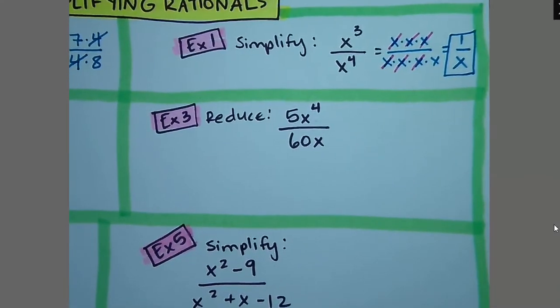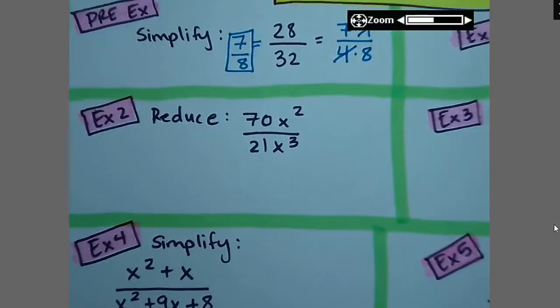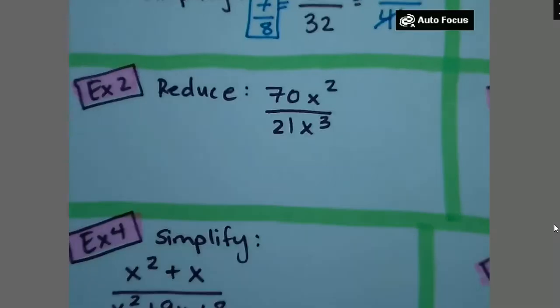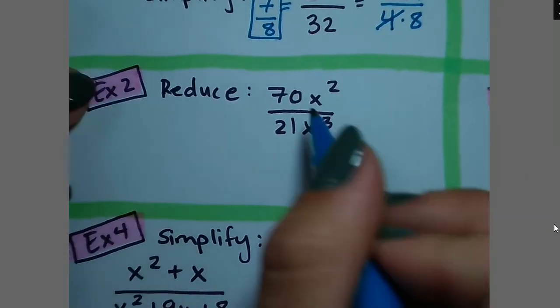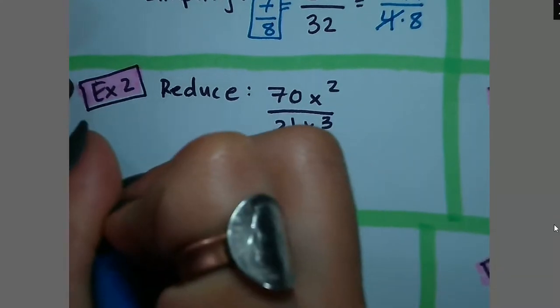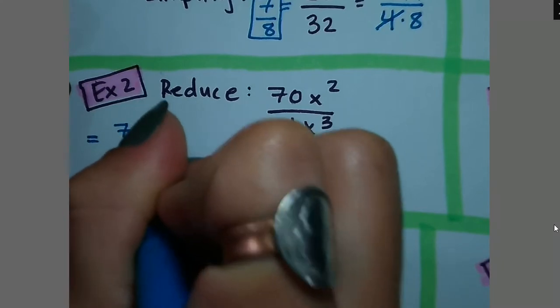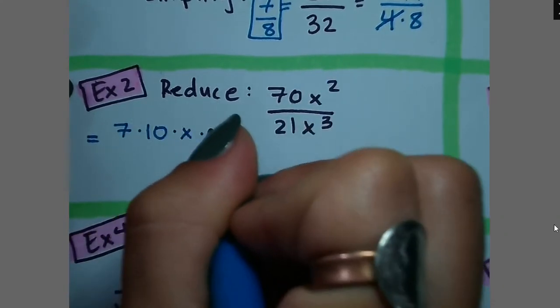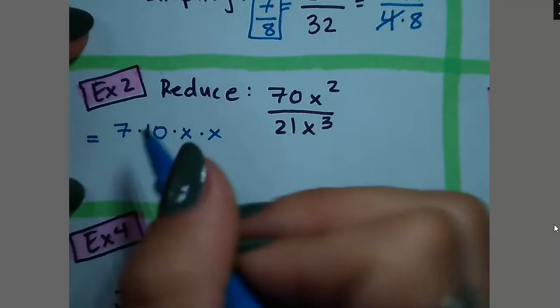Okay, so moving on to some other examples. Example number 2. Now we're getting into a little bit more complex, so we're combining the numbers and the exponents here. What I'm first going to do is rewrite 70 as 7 times 10, and I'm going to rewrite x squared as x times x. I'm not going to do this every single time, but I think it's really nice to see exactly what is happening here.